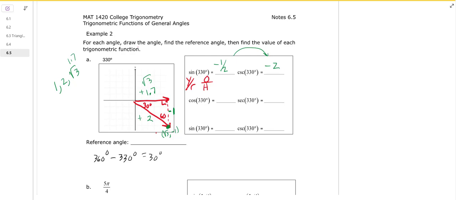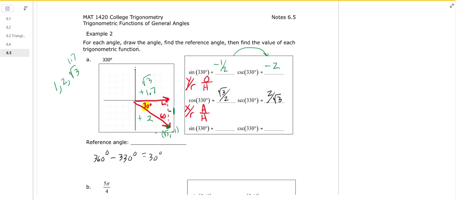The cosine, its definition is x over r, or if you prefer, adjacent over hypotenuse. So if you're looking at the 30-degree angle, adjacent is square root of 3, hypotenuse is 2. So this would be square root of 3 over 2. The secant would be the reciprocal, so it would be 2 over square root of 3. Don't need to worry about rationalizing the denominator necessarily.